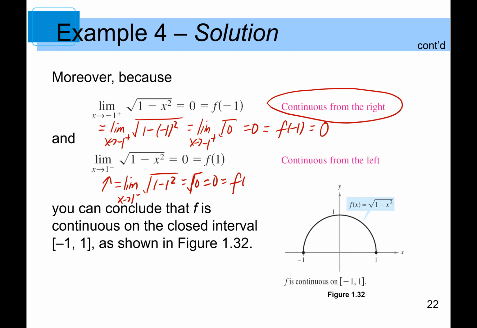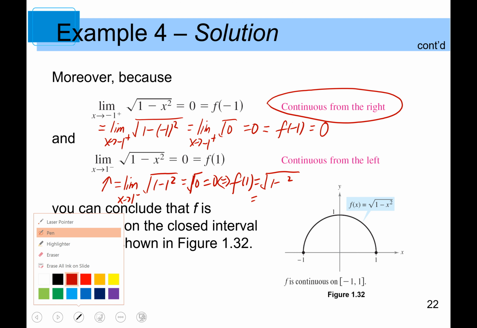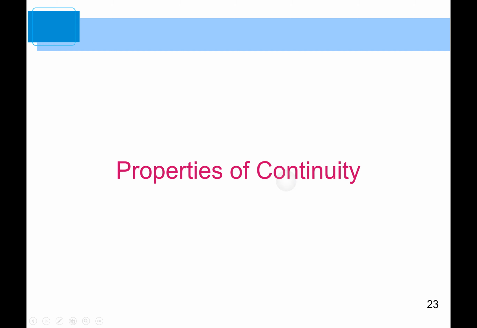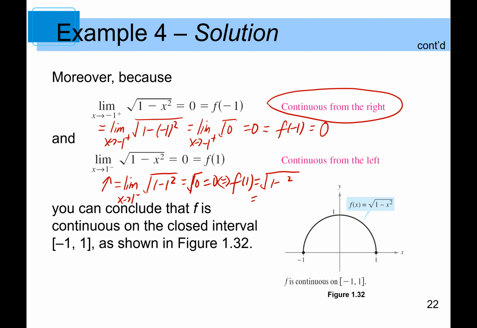And then f of 1, which is also the square root of 1 minus x squared, is the same thing as the square root of 1 minus 1 squared, which is the radical of 0, which is 0.